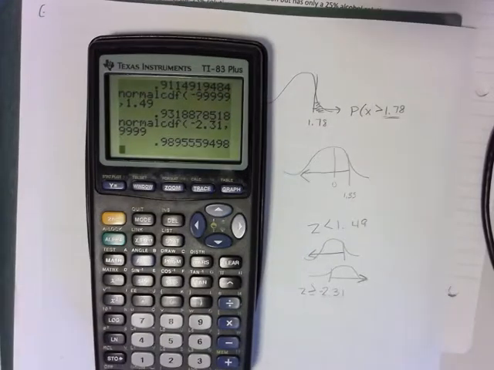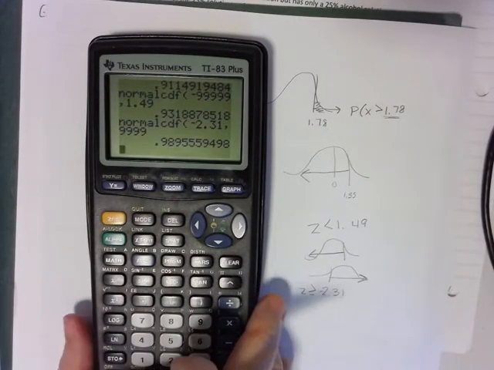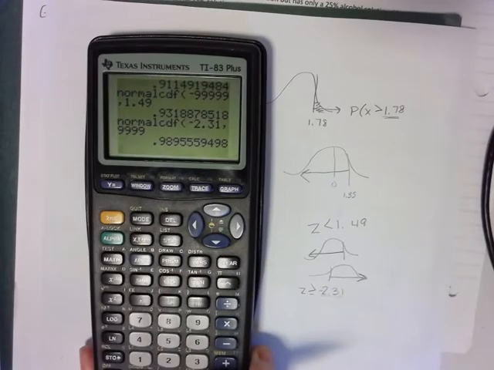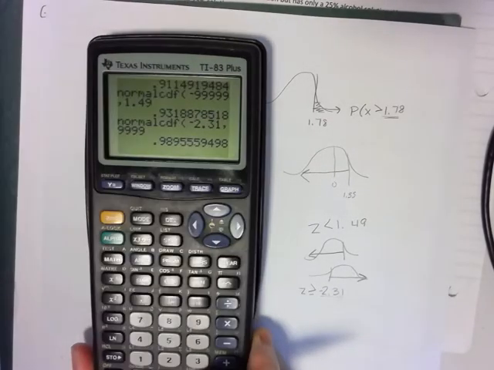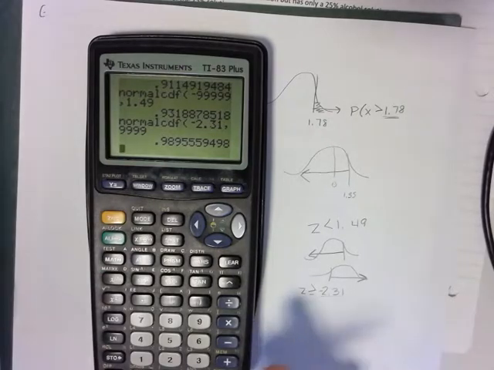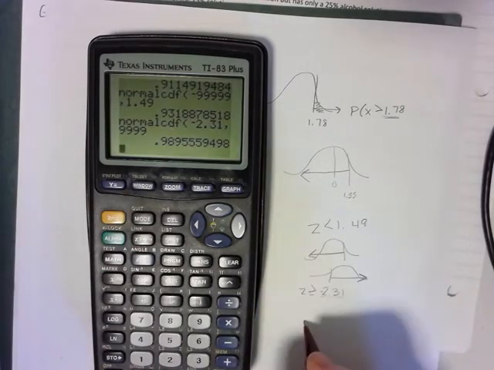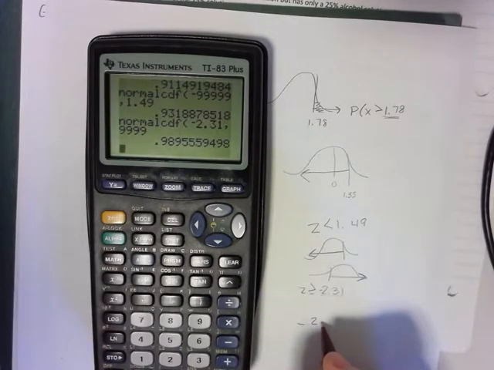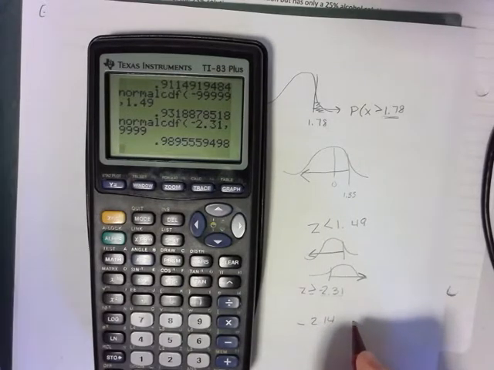So now in example 13, they give us 2 points. They give us the lower bound of negative 2.14 and the upper bound of 0.95.